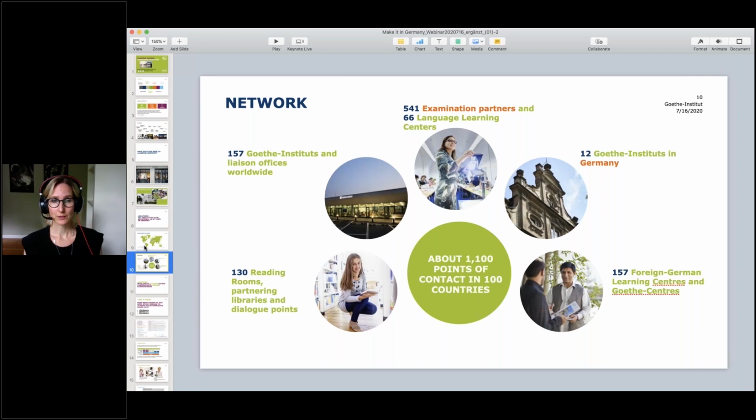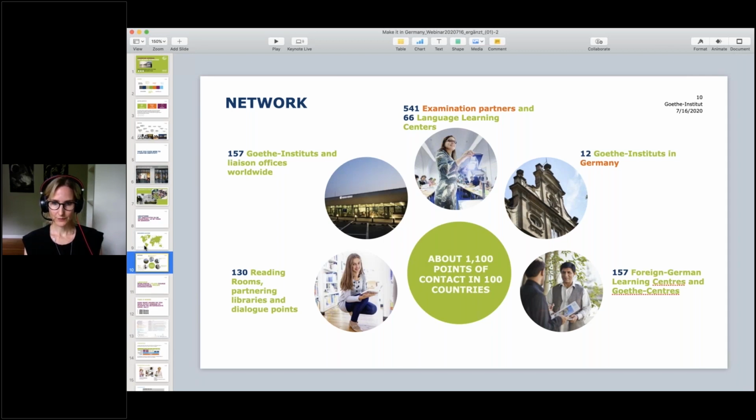You can also take one of our exams at our licensed examination partners, and also approach them if you need more information on how to learn German. So if you couldn't find a Goethe-Institut that's really close to you, you can always go to our website and try and see where the examination partners are. And as I said, they're licensed to take our exams as well.